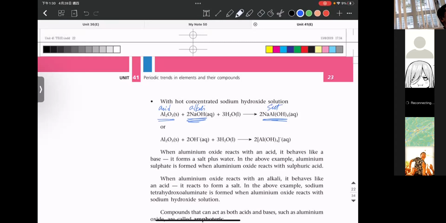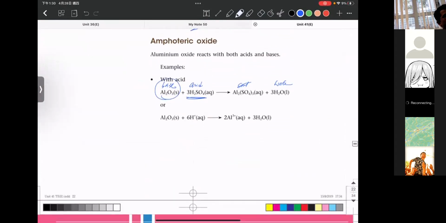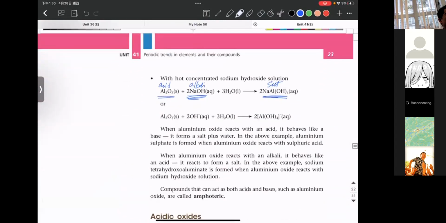So this Al2O3 acts as an acid in this equation. So we will call aluminum oxide, they will behave as both an acid and a base. So it depends on the partner. When it meets acid, Al2O3 would behave as a base.